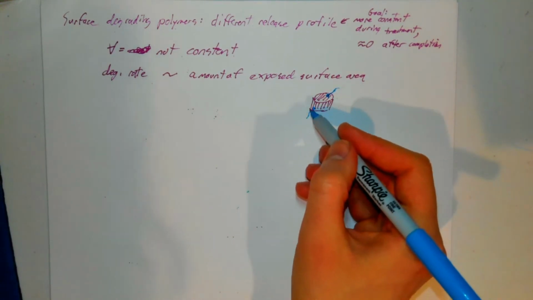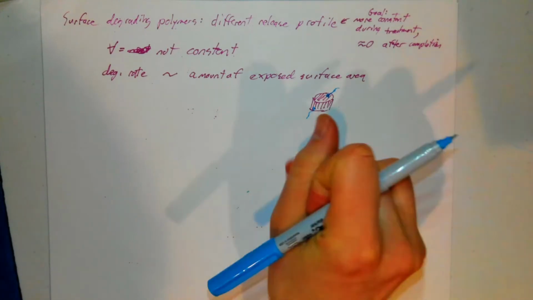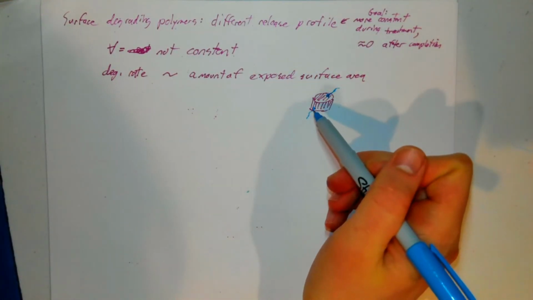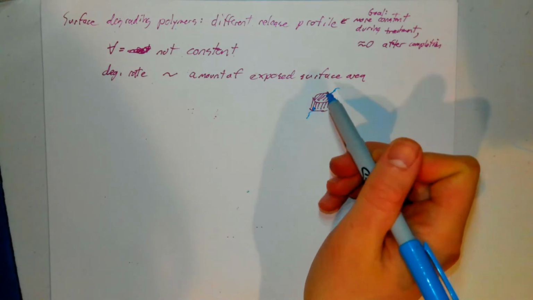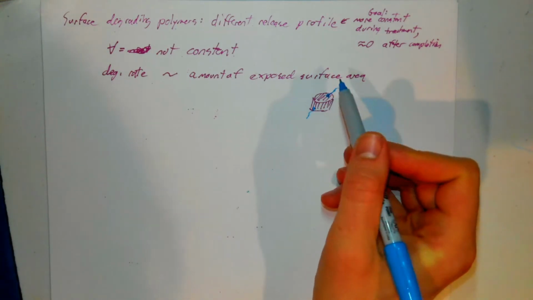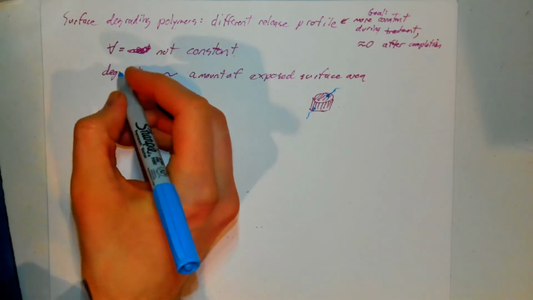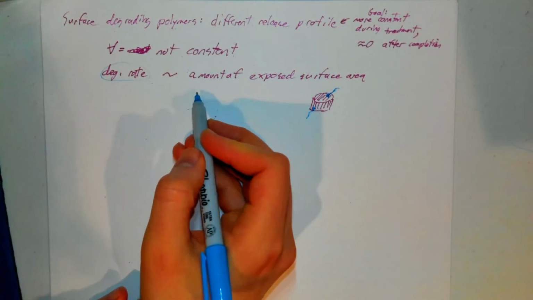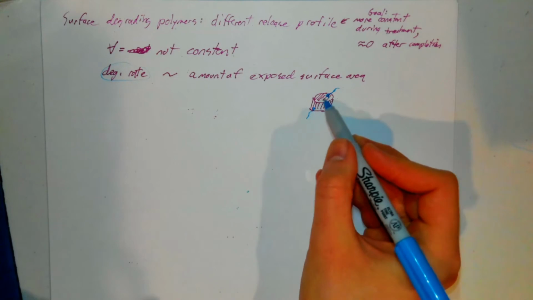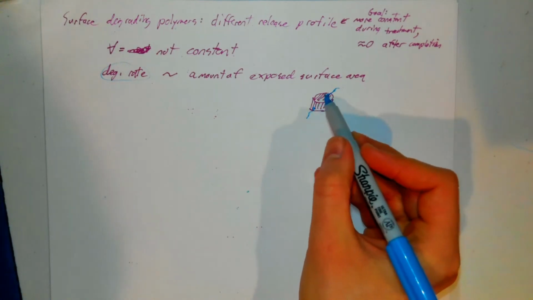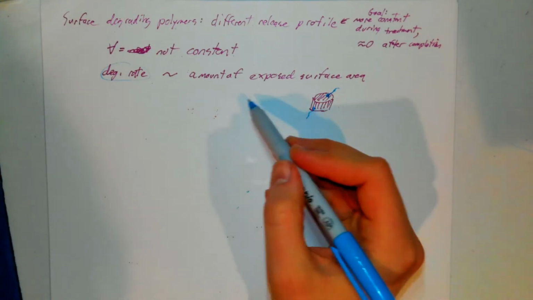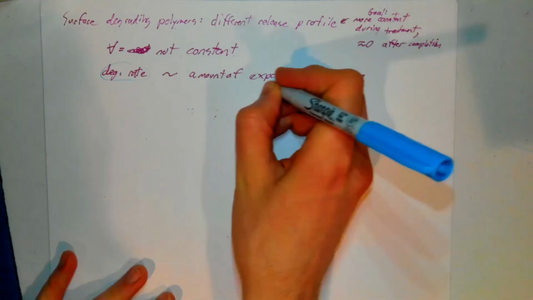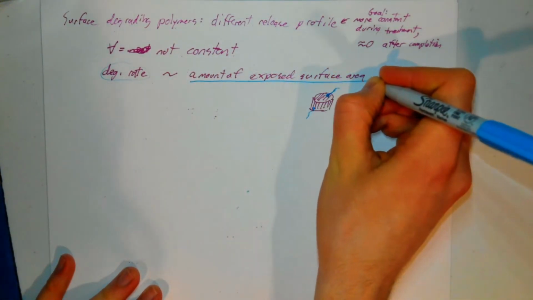So water hits the surface, reacts, that surface erodes a little bit, and more surface is exposed underneath. Whatever degradation rate we observe is proportional to factors regarding the kinetics, the chemistry, but also to the geometry, the amount of exposed surface area.